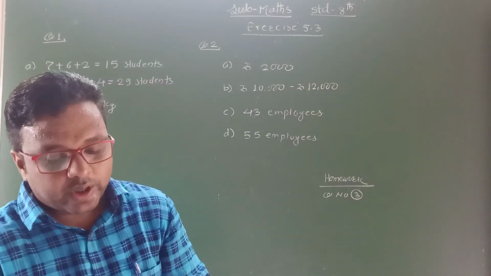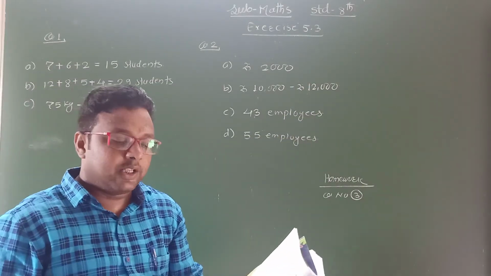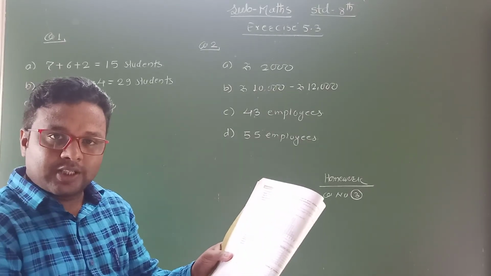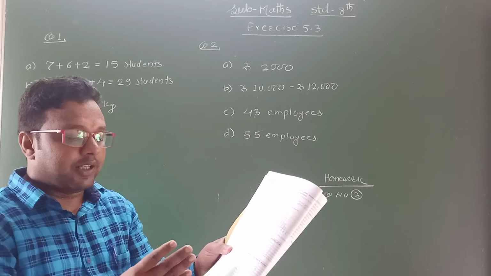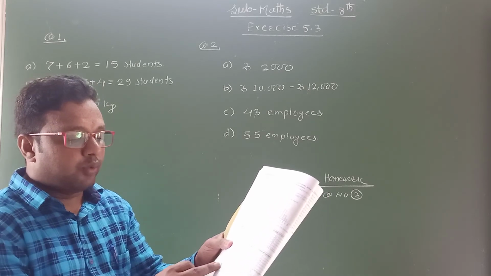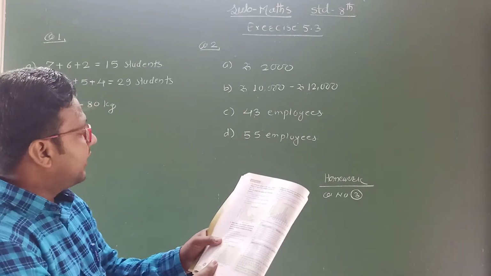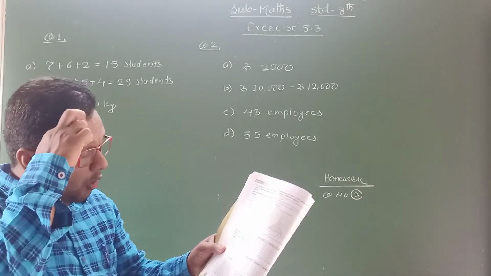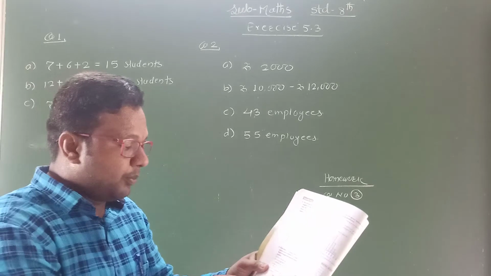Then C: how many employees earn less than rupees 16,000? Now see, where is the 16? 16 represents 16,000. Less than 16, how many bars are there? 1, 2, 3, 4. According to their height, we do the addition. For 8 to 10,000, 8 employees are there.